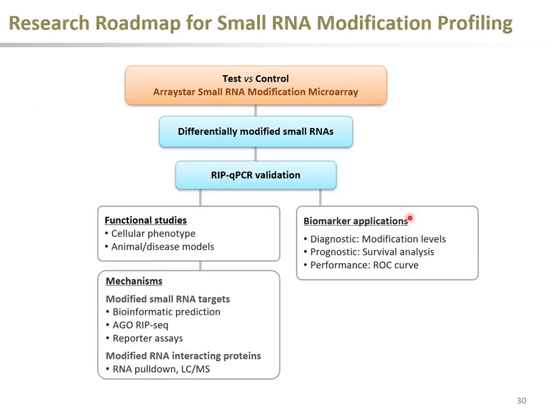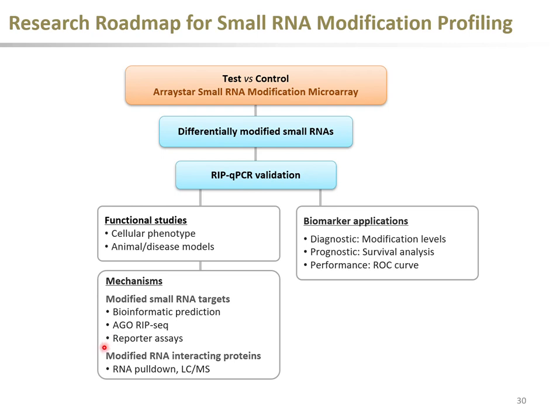With the wealth of data from the small RNA modification microarray profiling, the differentially modified small RNAs can be further studied for their functions, such as transfections or infusion to study phenotypical changes in cells or animal models. The modified small RNA targets can be computationally predicted by base pairing, experimentally identified by AGO-RIP sequencing, and functionally validated by reporter assays.